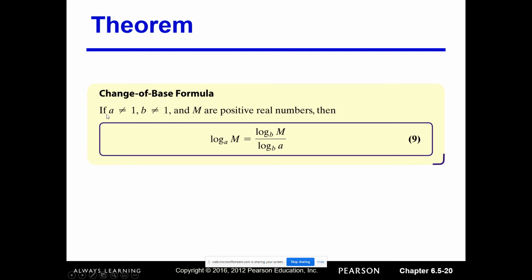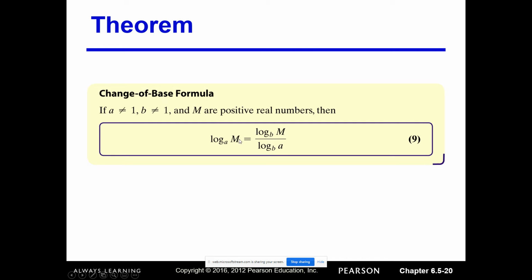So if a is not equal to 1, b is not equal to 1, and m is a positive real number, then we have this property: log base a of m equals log base b of m divided by log base b of a.